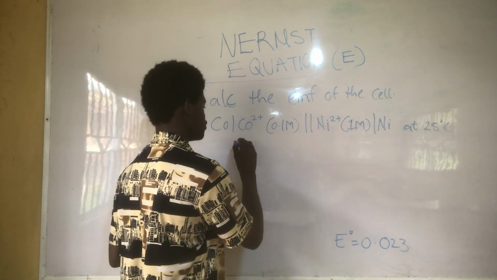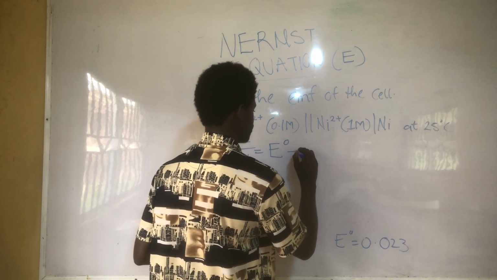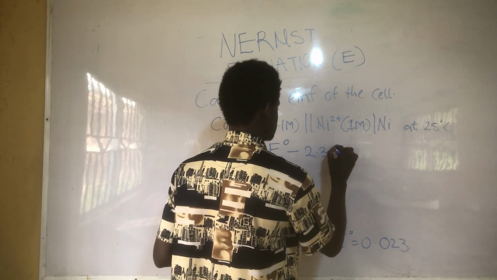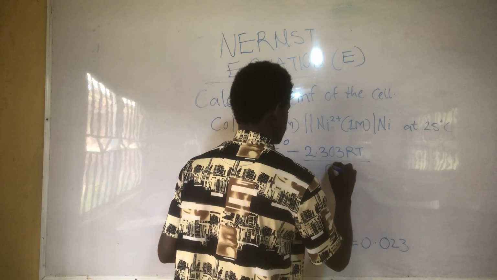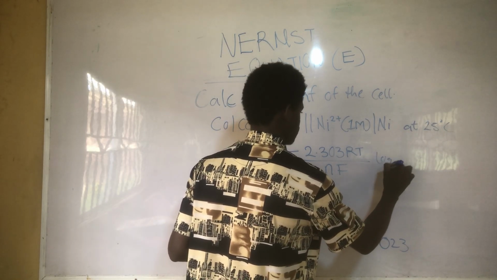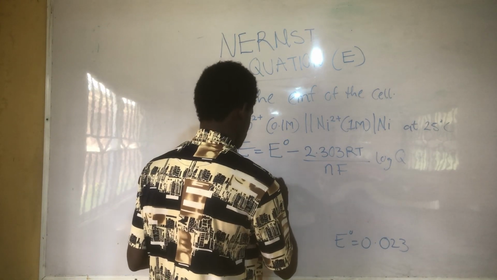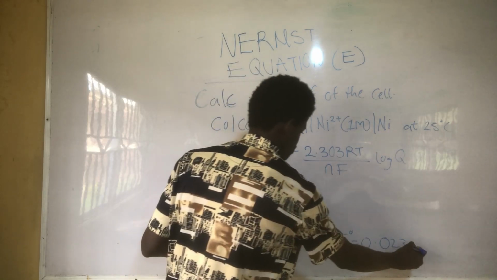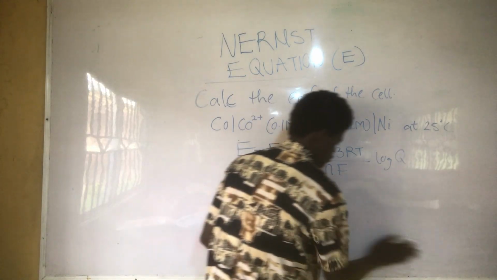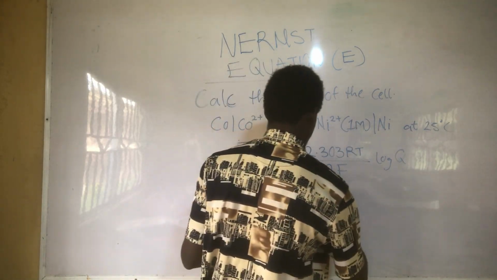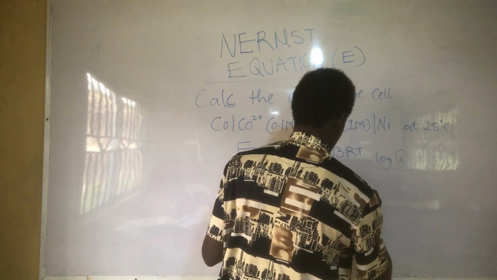So we found the standard EMF. To find the EMF, we use our Nernst equation, which is the standard EMF minus 2.303 RT over NF log Q. Our standard EMF here is 0.023 volts, minus 2.303. Our R is a constant, which is 8.314.